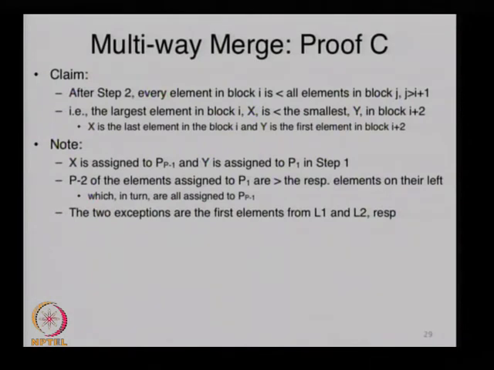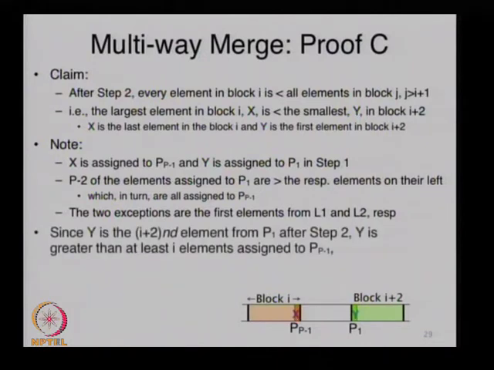So how would you prove it? And this is now kind of trivial after you realize that it's within P of each other. But let's go through the slide anyway. You essentially want to prove that the last element in a given block is less than the first element 2 blocks from now.